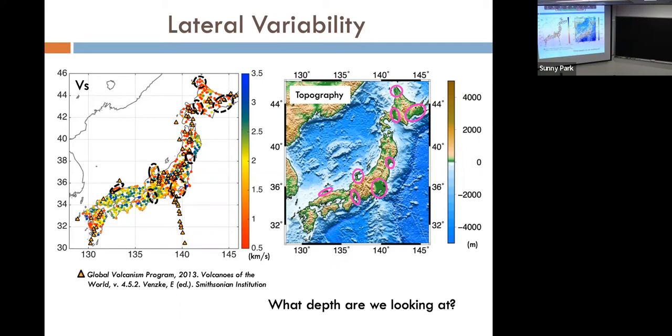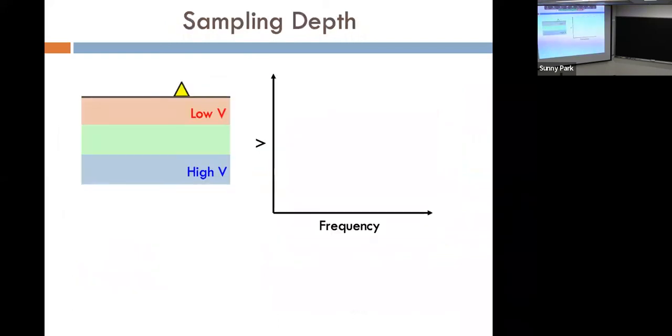Now, some of you might be wondering what depth we're looking at in these values. To answer the question, I would like to introduce another dimension to this problem, which is frequency. We can think about a simple scenario of a low velocity layer at the top, with velocity increasing gradually. So this is a 3-layer case. Let's imagine doing this analysis for a high frequency wave, which would sample the shallowest layer on top.